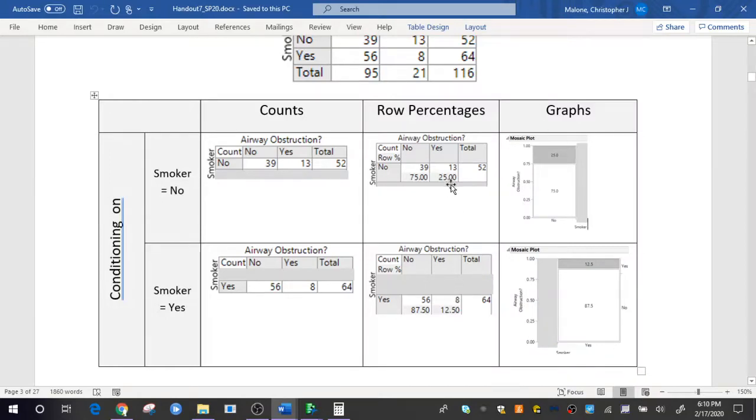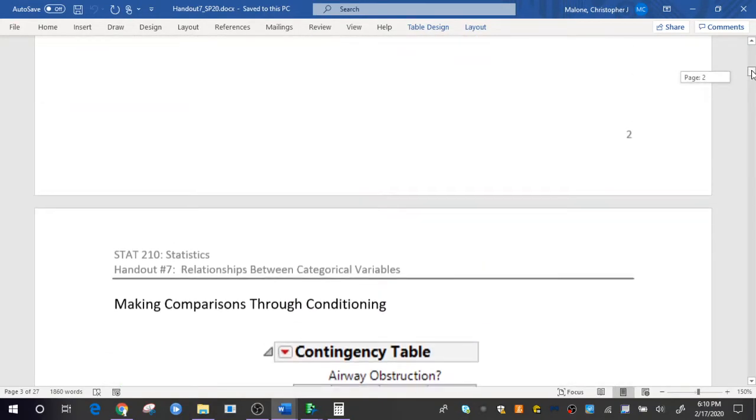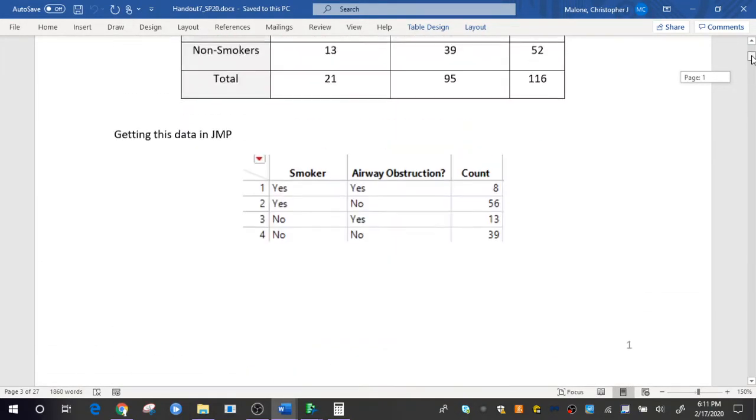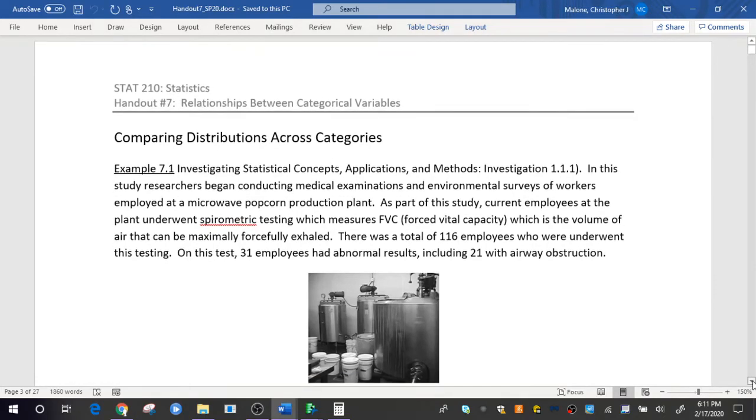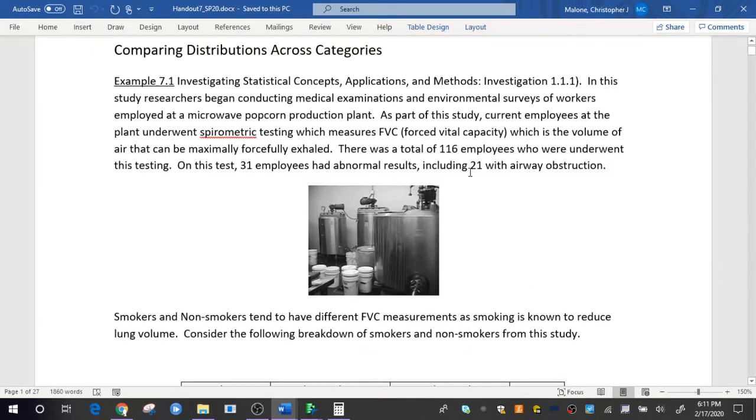Again, what do these numbers indicate? This says for my non-smokers, the rate of airway obstruction is 25%, whereas for my smokers, the rate of airway obstruction is only at 12.5%. In the context of this example, if we go back up and look at the initial story here, this was asking about the rate of airway obstruction for people that work in this particular factory, which is a production plant.